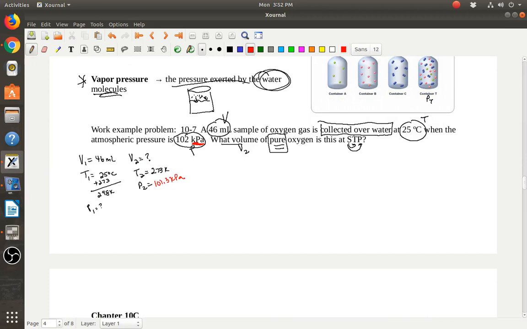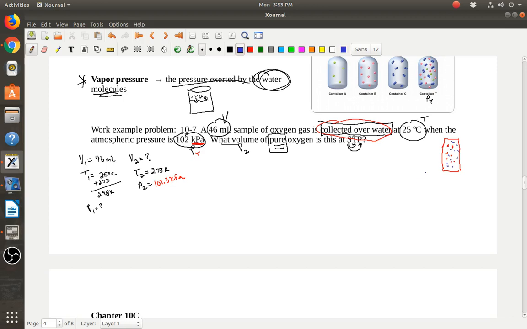Now, this is not P1. Normally this would be. But since we're collecting something over water, this pressure is the total pressure of the gas. So we have an instance where we're collecting, it's like we're having two of these gases together in our container. We have a container and we've collected some kind of gas, and I'm going to use blue for water, and some kind of water.